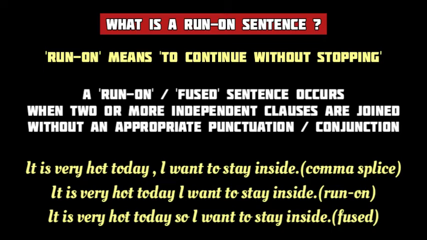Here the first clause has simply run on into the second clause, hence it's a run-on sentence. In the last sentence, there is no comma before the coordinating conjunction so, which joins the two independent clauses. In this way, this sentence is also grammatically wrong, a run-on or fused sentence.